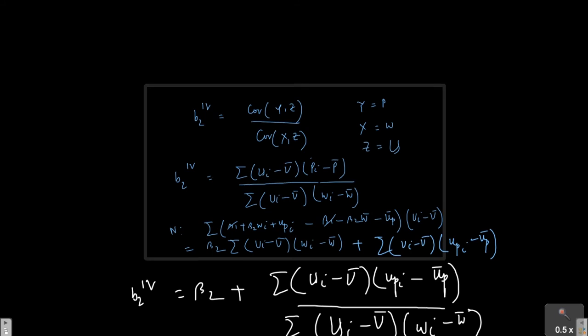And if I take the plim on both sides, what I'll get for the plim of beta 2 IV is beta 2 here. This is a constant term, and here I will have plim on both the numerator as well as the denominator. So let me take that plim and divide each of these by 1 by n.